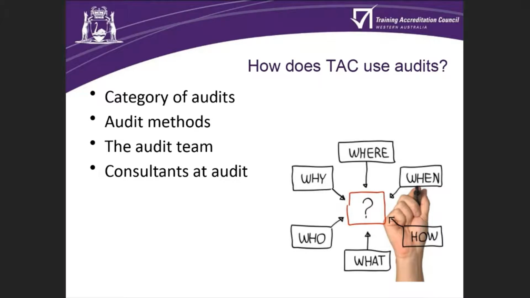Again, that was one of the ones that was initiated by industry. Safe Work was interested to see how the RTOs were implementing the high-risk work license units of competency, and TAC took that on board and conducted that strategic industry review, which was very valuable. And you can look up the results of all of those on the TAC website.